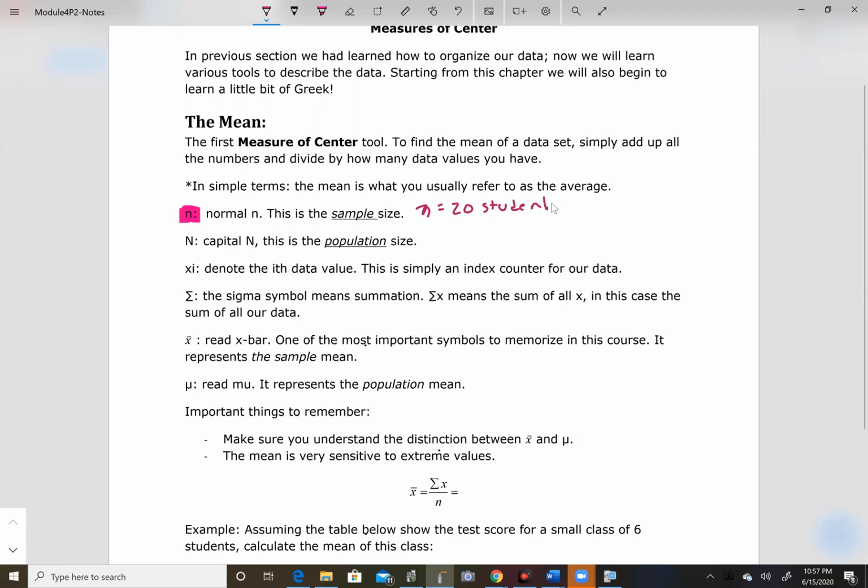Okay. Not to be confused with capital N, which is the population size. So the difference between a sample and a population depends on what you're talking about. We'll get into this later, but just quickly, since they're using that vocab right here for the mean, let's say we're talking about a specific school.